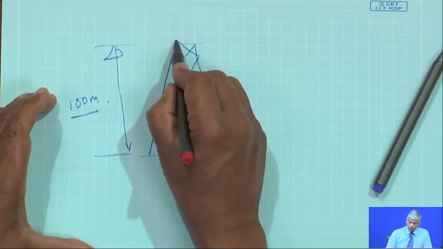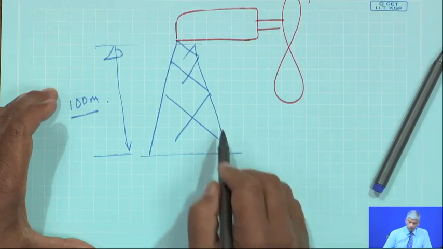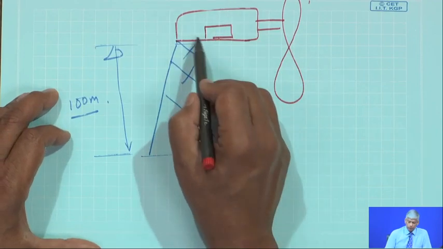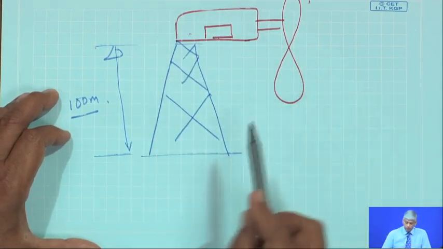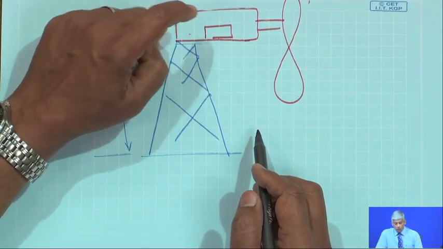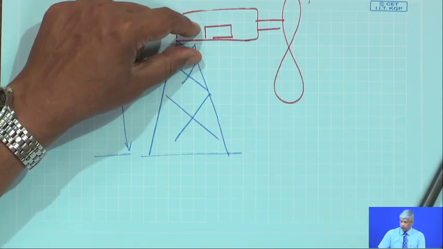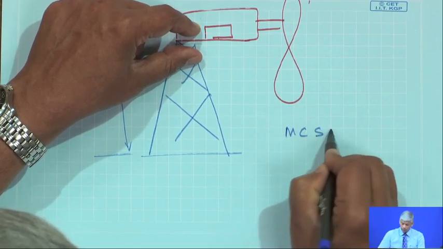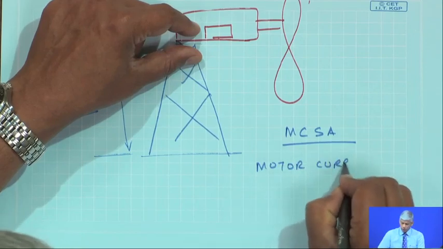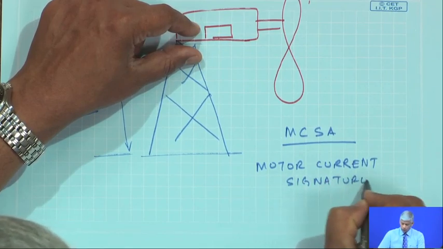And then we have this turbine, large fan, and there is the gearbox, and all those devices, and then we have a generator, etc. And physically, to measure any defects in this gearbox or the generator, you will see another new technique which I am going to discuss later on, MCSA. I am just giving you some new topics to browse and get excited about, which we are going to discuss later on.